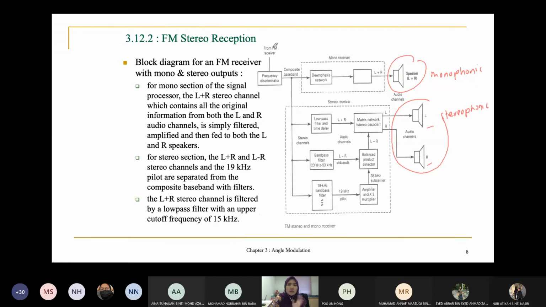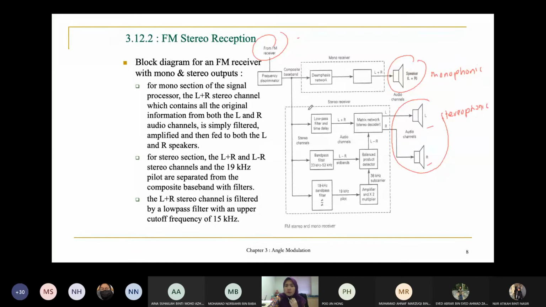The signal received from the FM transmitter will then be received by the FM receiver. For the monophonic, it will directly go to the de-emphasis network. What is the function of the de-emphasis network? Please refer back to your slide. I already explained this before in chapter 3 part 2, if I'm not mistaken.